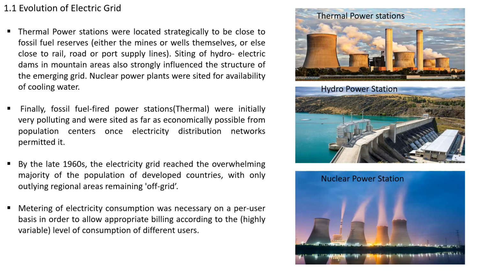Mostly, thermal power stations are situated where the coal reserves, especially fossil fuel reserves, are. Even though it is very polluting and emits harmful gases, it is economically feasible to supply power to the huge population.